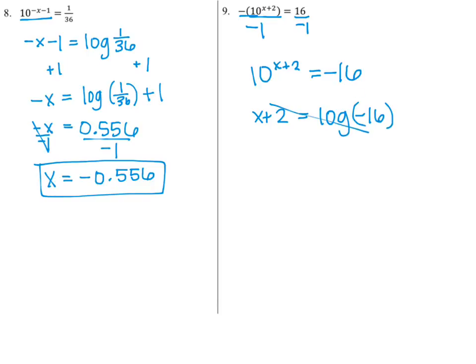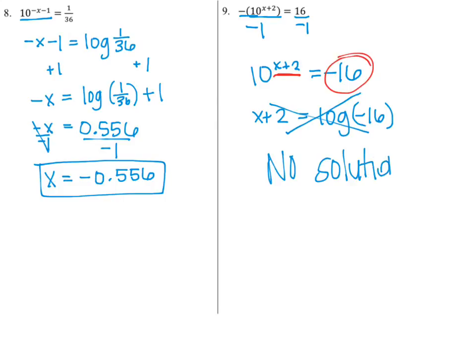This is a big problem because you cannot put a negative number into a logarithm. This is because no matter what my exponent is right here, I can never have a negative number. So I'm going to go ahead and say that this equation has no solution.